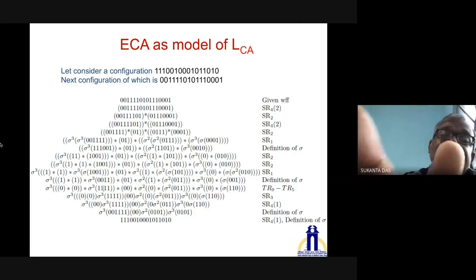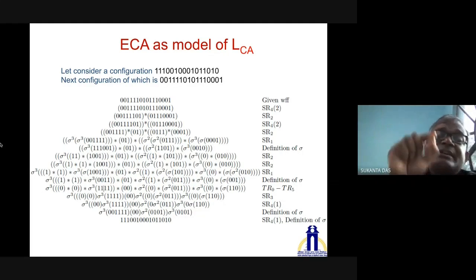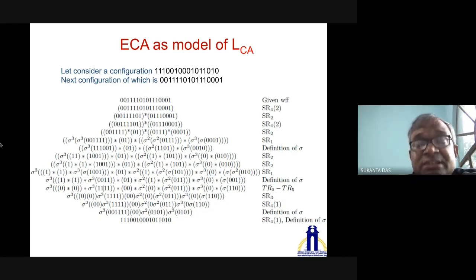The final string is actually the next configuration of the first configuration. So it proves that evolution of an ECA is a derivation in a logic.